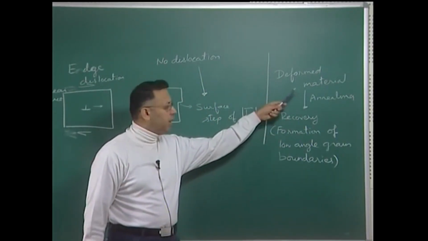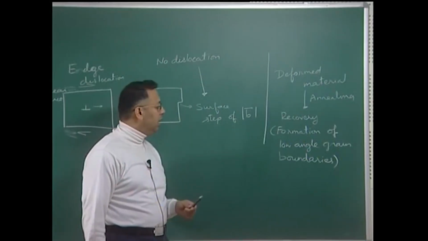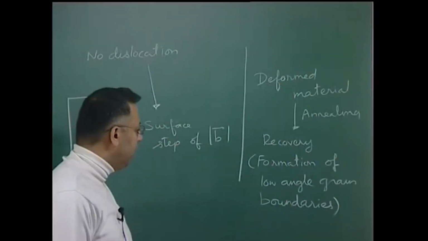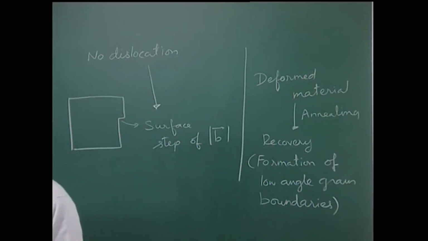So, when I take a deformed material and heat it and call the process annealing, then the system evolves to a low energy state in which there is a formation of low angle grain boundaries.